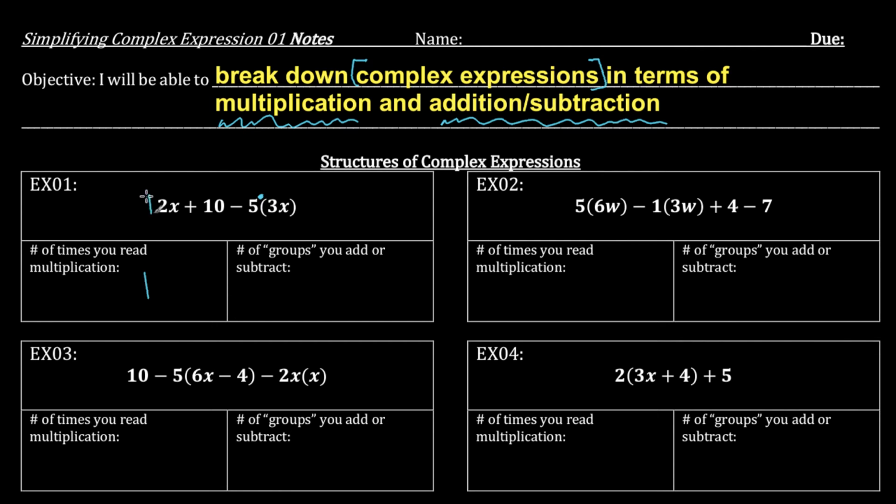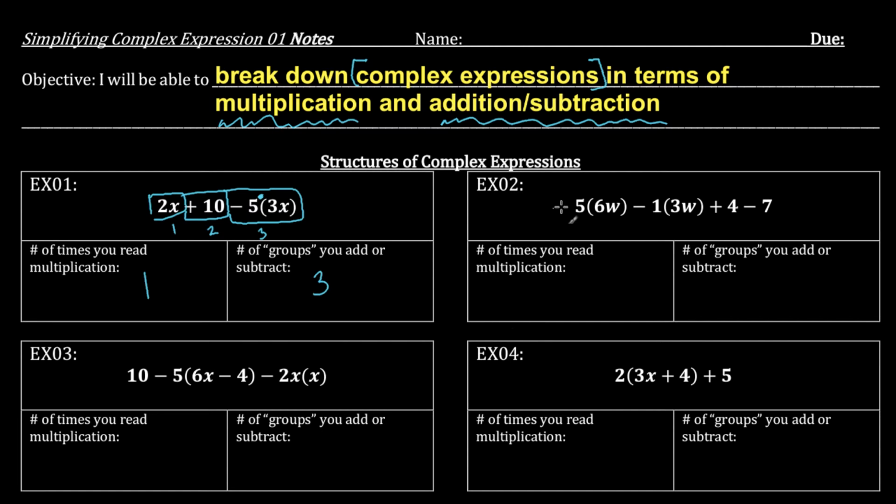So I start with 2x, and then I add 10. Make sure that plus is with the 10. And then I subtract 5 times 3x. So I have 1, 2, 3 groups of adding and subtracting.